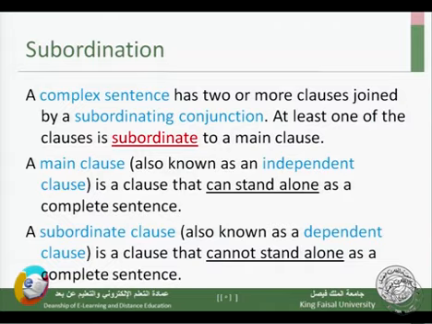But subordinate clauses, which we also call dependent clauses, cannot stand alone. They must be added to a main clause. So they must be part of a main clause if they want to become part of a sentence, but they cannot come alone as a complete sentence. So this is the difference between main clauses and subordinate clauses, or we can also call them independent clauses and dependent clauses.